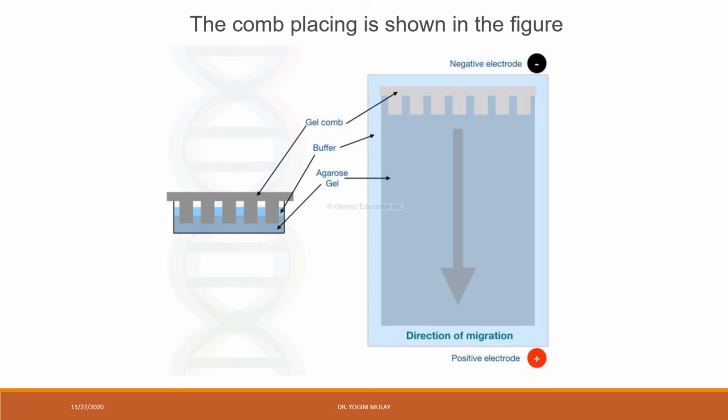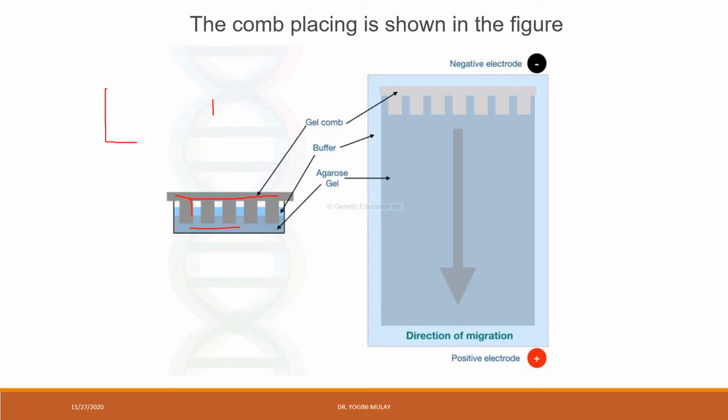Yes, this is the comb. This helps us understand how the comb is placed. You can see this is the gel, and this is the gel comb. These combs are placed in the gel this way, and when the gel is formed, you will find the wells wherever these combs are present.